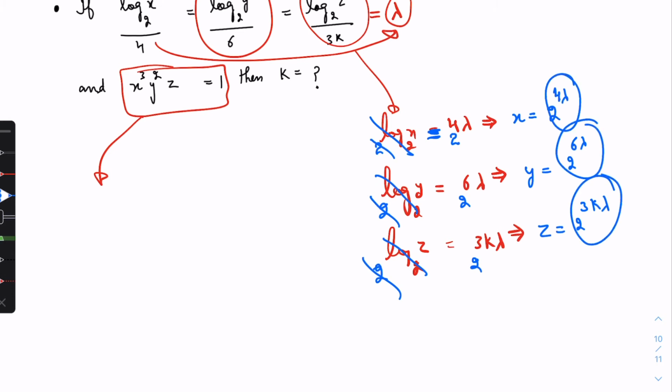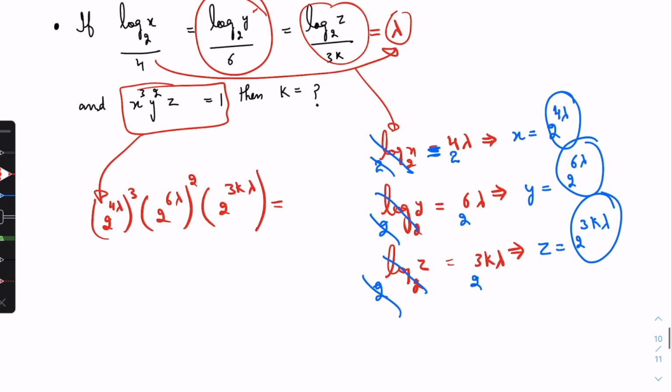All right. So once we have this, we'll just plug these values into the second equation. So I have 2 raised to 4 lambda as the value of x, whole cube. Then I have 2 raised to 6 lambda, and that thing is squared. And then I have 2 raised to power 3k lambda. And that thing is given to be 1.